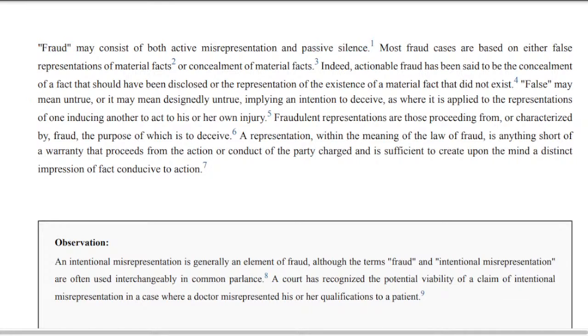Most fraud cases are based on either false representations of material facts or concealment of material facts. Indeed, actionable fraud has been said to be the concealment of a fact that should have been disclosed, or the representation of the existence of a material fact that did not exist.